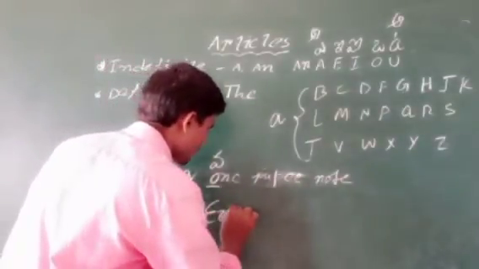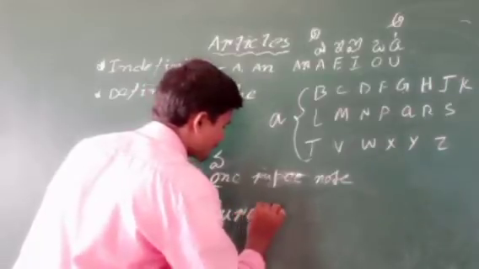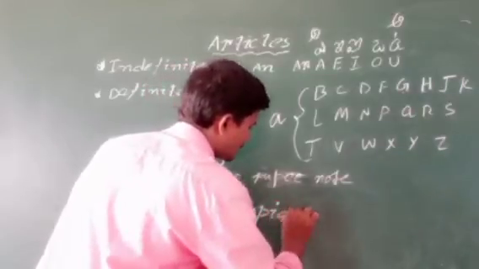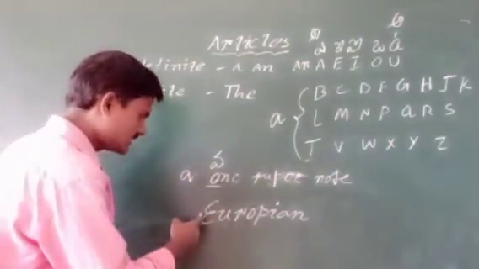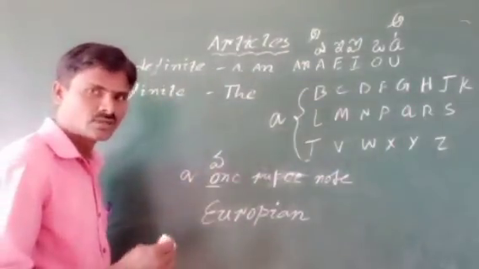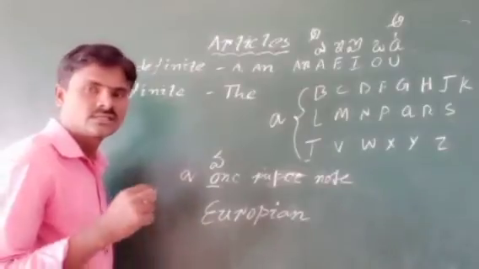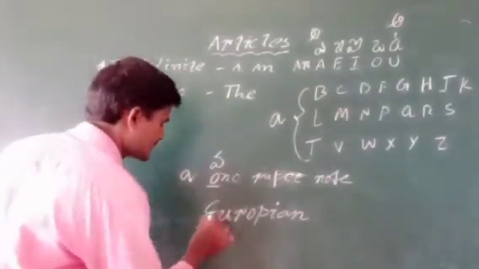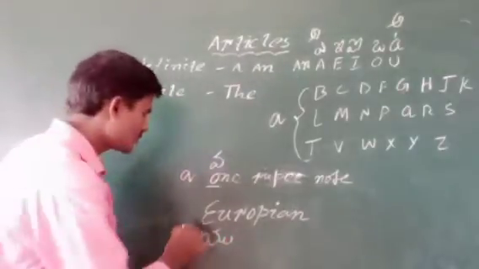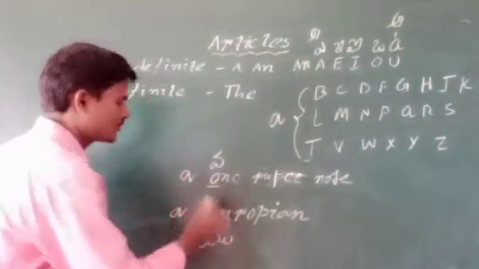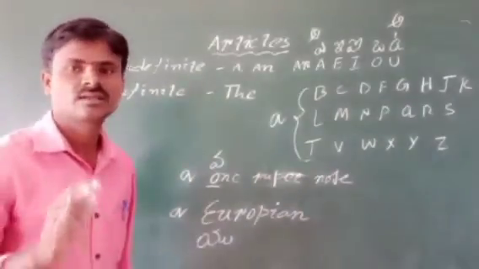See, European. Even though this is E, here you are not pronouncing it as E, you are pronouncing it as U. So a European, not an European.